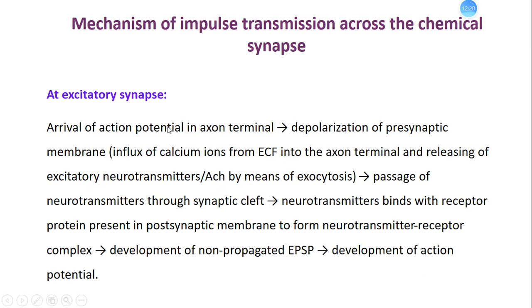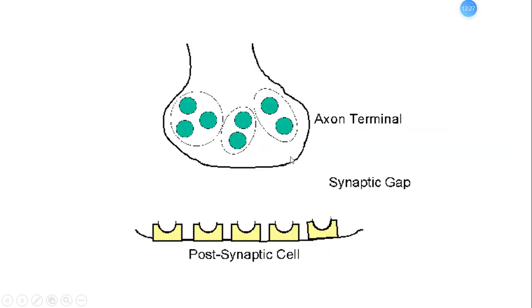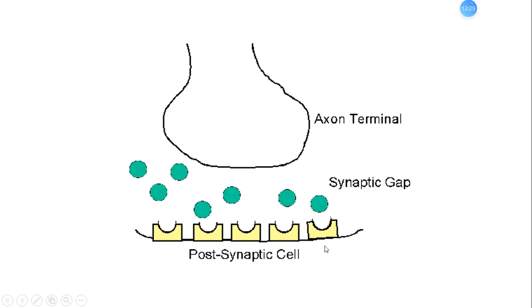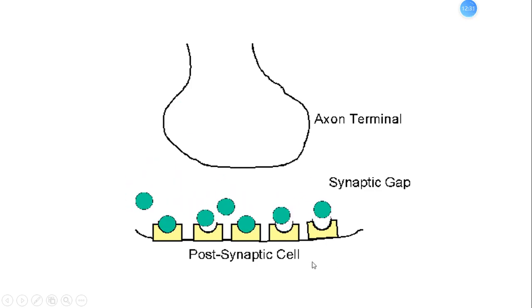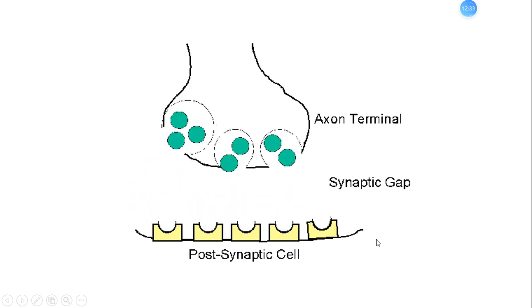This is how an impulse is transmitted from the presynaptic neuron to the postsynaptic neuron. And here is a scheme; you can see how it is transmitted.